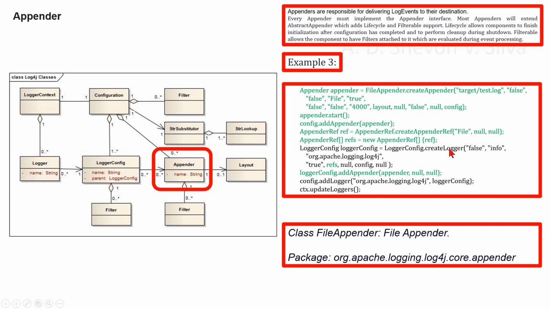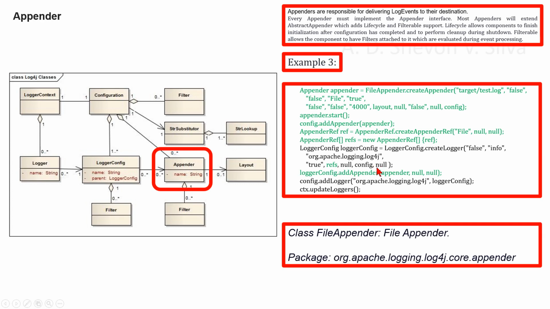This will create the logger here, and this is additivity. This is deprecated and use the createLogger with boolean method here. And this is the log level, and this is the logger name. Include location, refs here, properties, configuration, and filter.